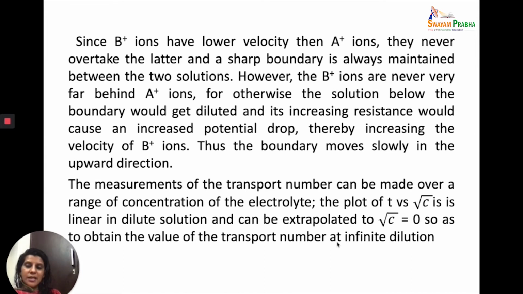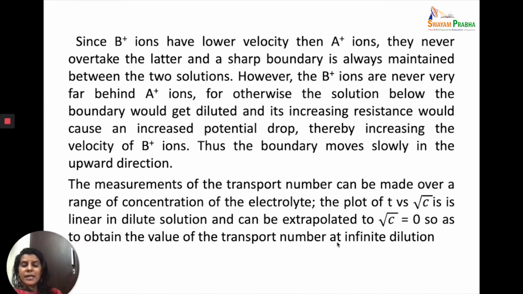Once that is done and you introduce them into the moving boundary experimental setup and pass electric current, you will see that the boundary between the two solutions, which you can monitor because of the change in refractive index, moves up.